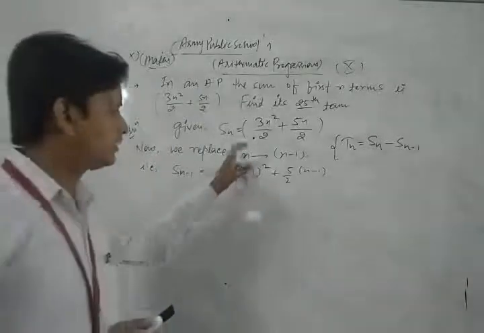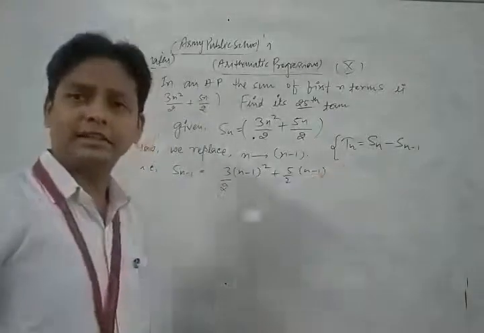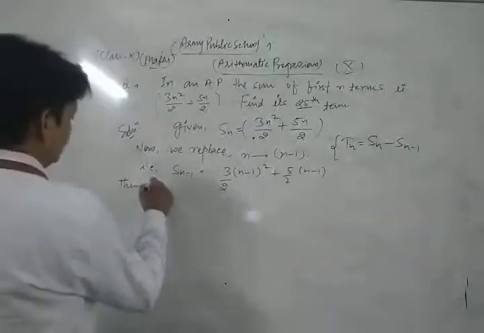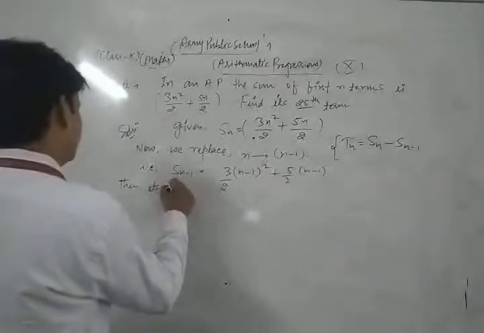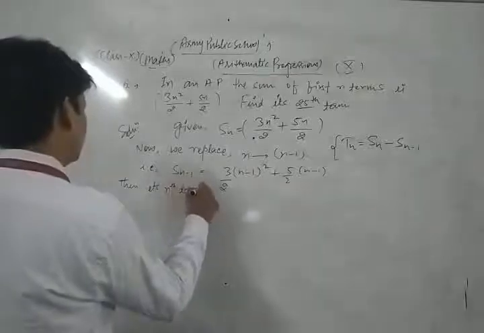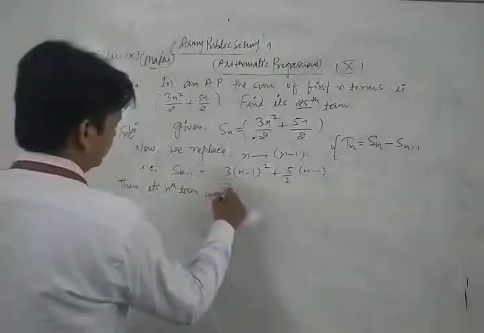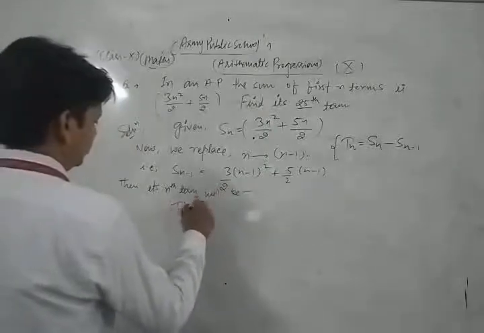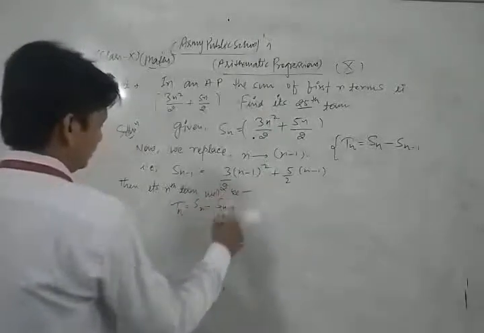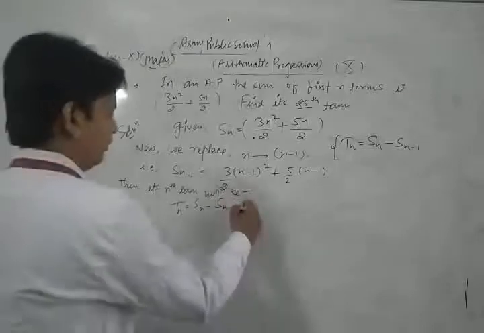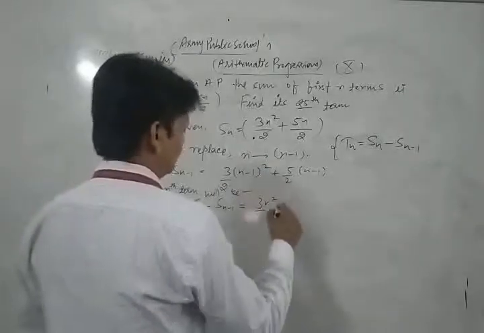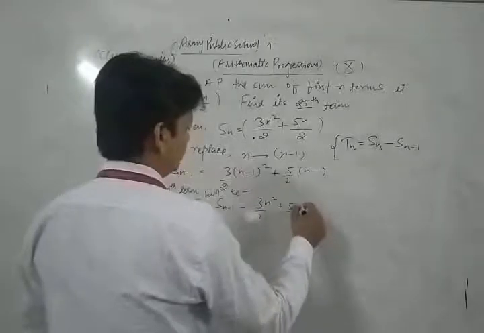Now we find its nth term. Tn is equal to Sn minus Sn minus 1. Now put the value of Sn, which is 3 by 2 n square plus 5 by 2 into n.